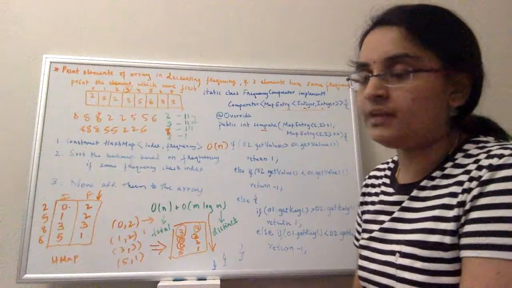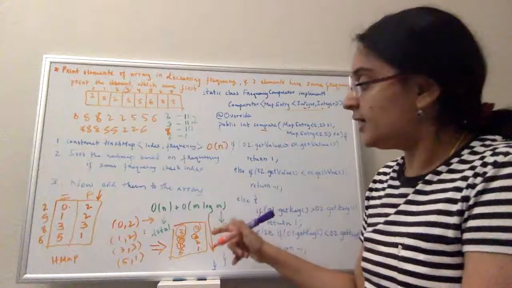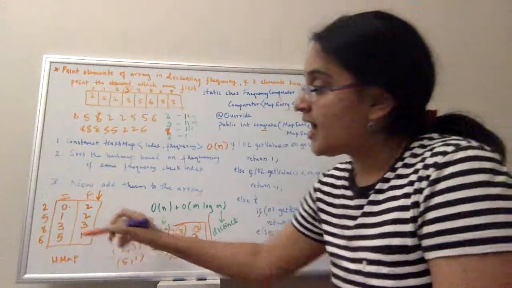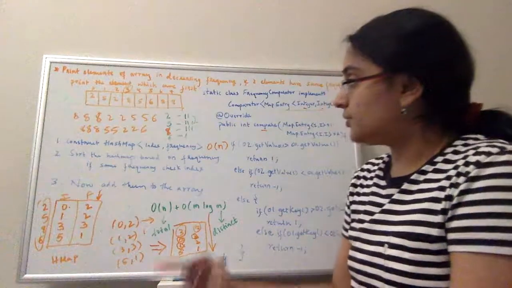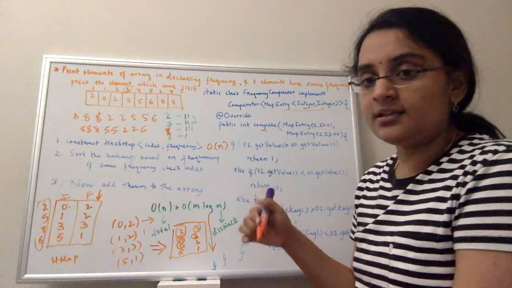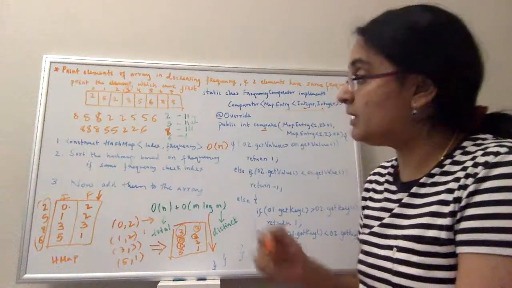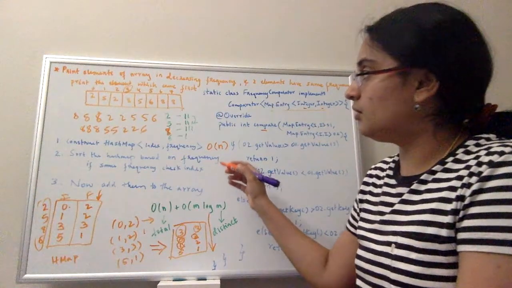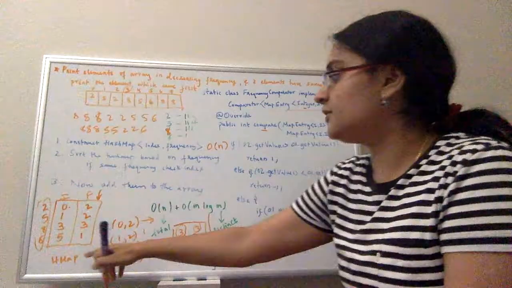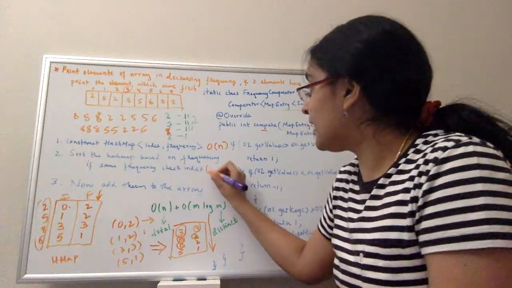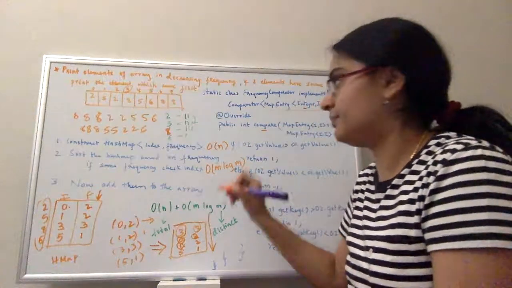Because we are sorting the hash map, which only has unique elements, the time taken will be less compared to the size of the array. If the size of the hash map is m, the complexity is O(m log m) to sort the hash map.